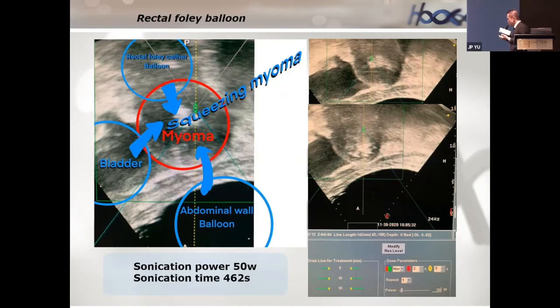It's very low power, and the sonication time was 462 seconds. If we wanted to treat in less time, we could increase the sonication power to about 100 watts, which would reduce the sonication time by about half.